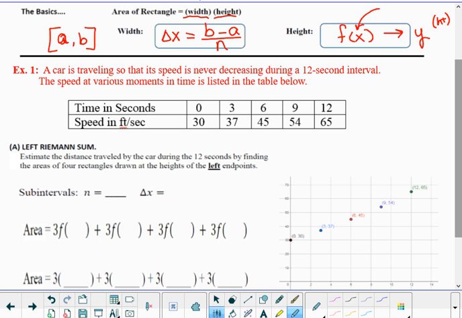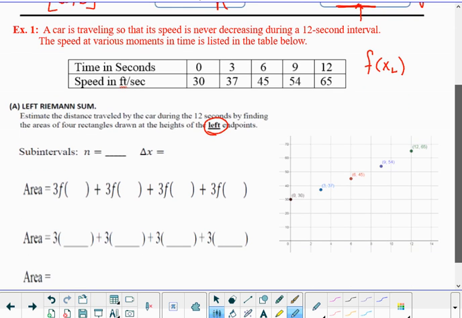So by using the left endpoint, I'm taking it into my function and determining the x value by looking at the value on the left-hand side of my rectangle, because there's obviously a left side and a right side to a rectangle. So we're going to use this left height to determine how tall to make our rectangle.